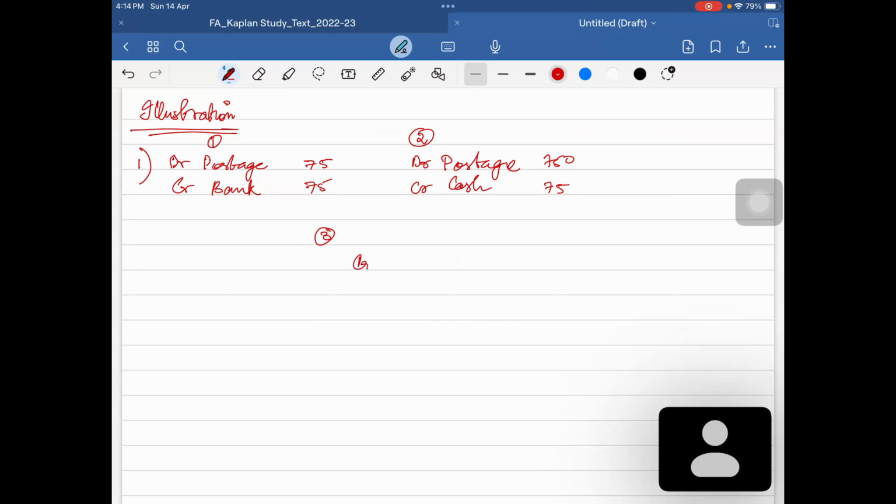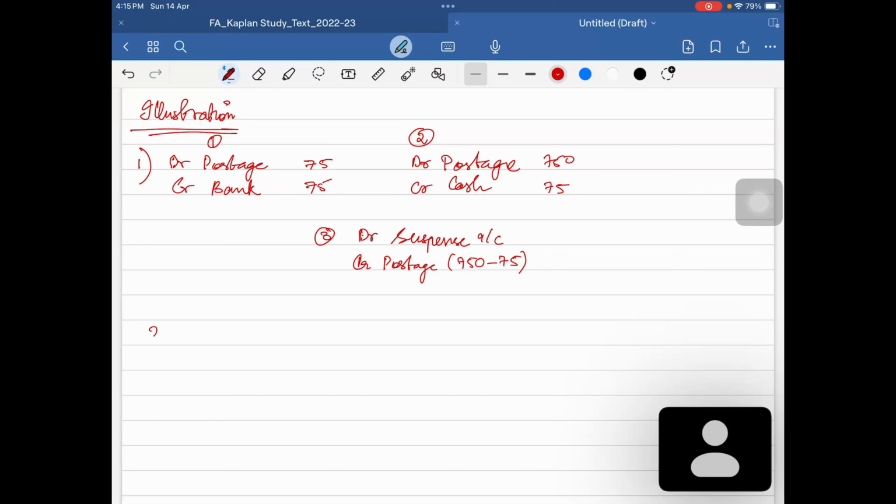You're going to decrease the postage account by 750 minus 75, which is 675. Clear? And you don't have anything to dump it upon, right? So you take the suspense account. Clear? Understood?